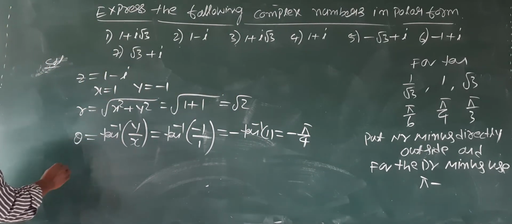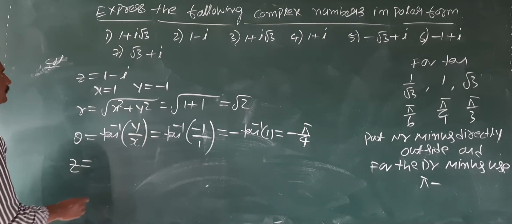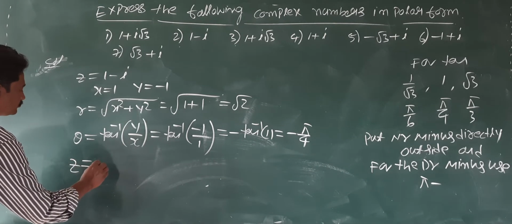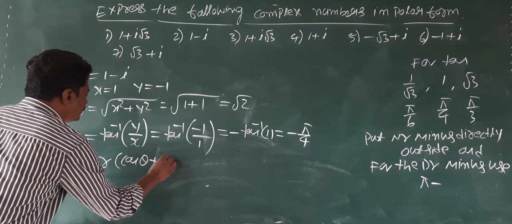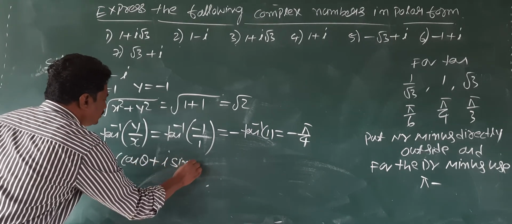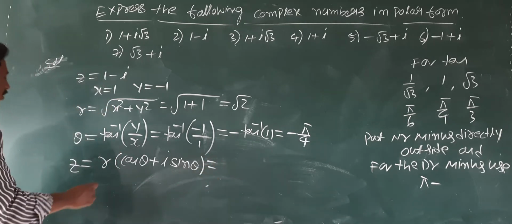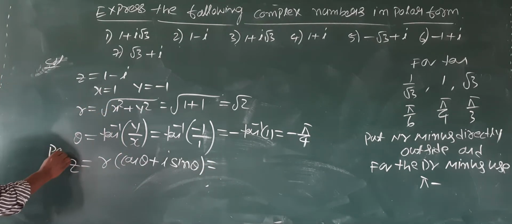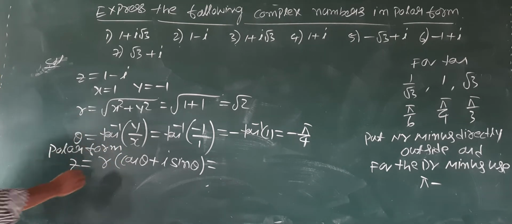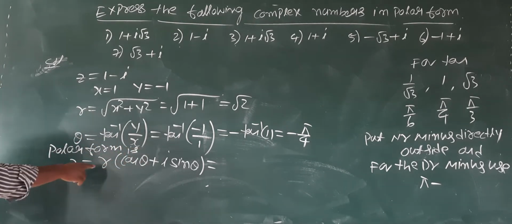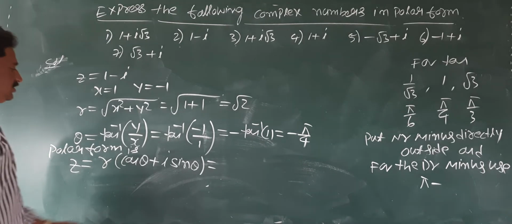Polar form is z equals r into cos theta plus i sin theta.